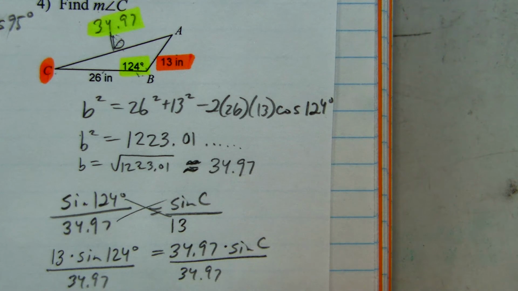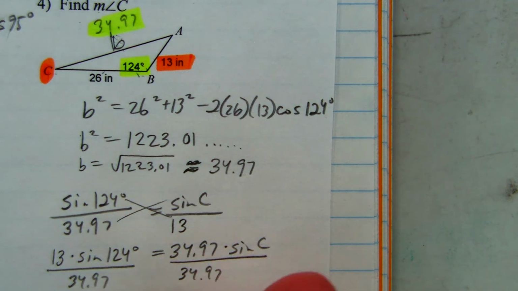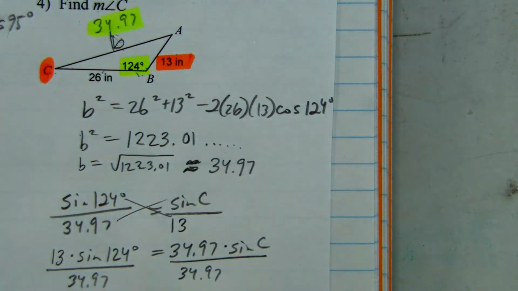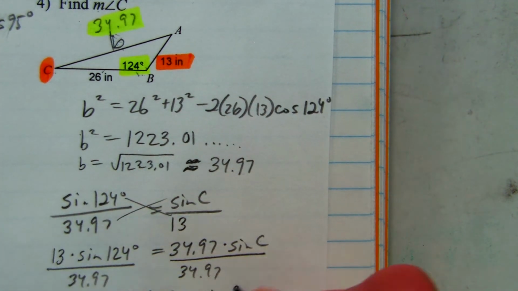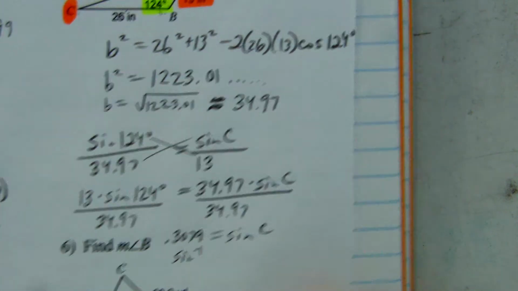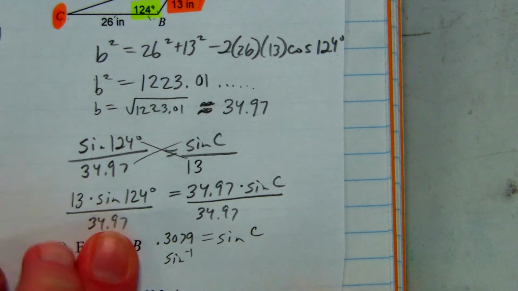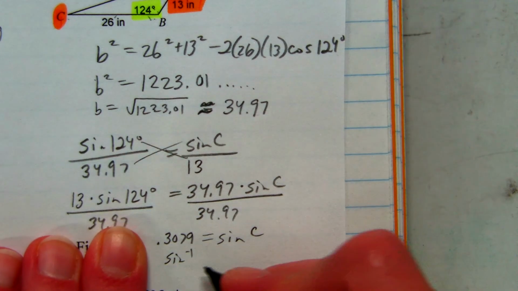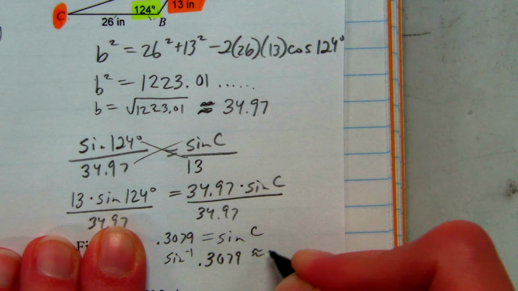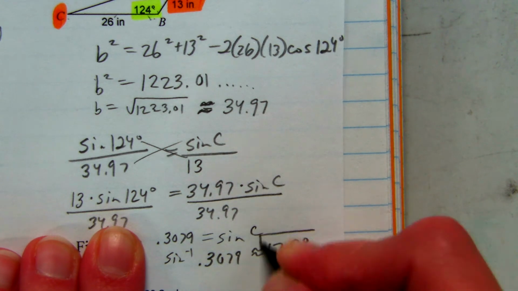And we end up with about 0.3079 is sine of C. So then we have to do inverse sine. You're off the page, and I'm kind of running into the next problem. I'll cover that part up. So inverse sine of 0.3079 comes out about 17.9 degrees.